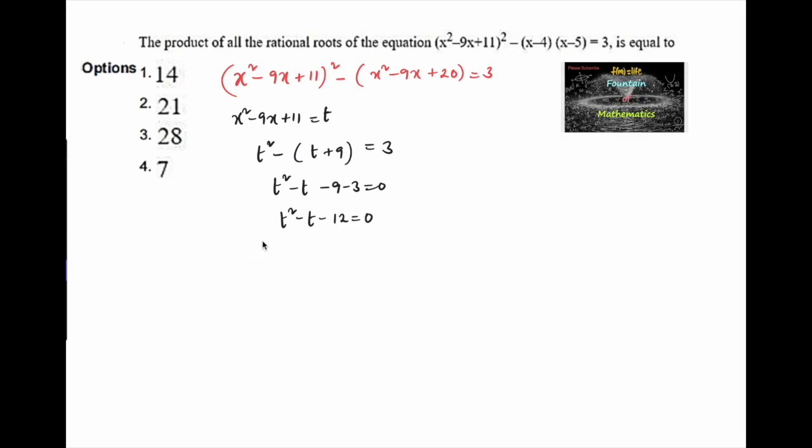Simplifying, we get t square minus 4t plus 3t minus 12 is equal to 0. So we can factorize: (t minus 4) into (t plus 3). So we are getting t is equal to 4 and t is equal to negative 3.